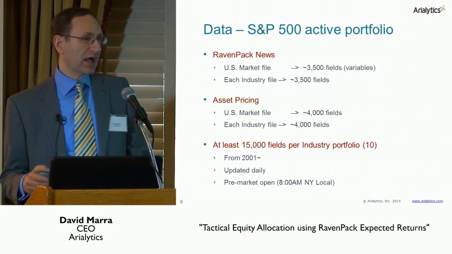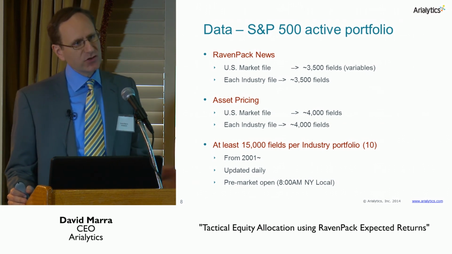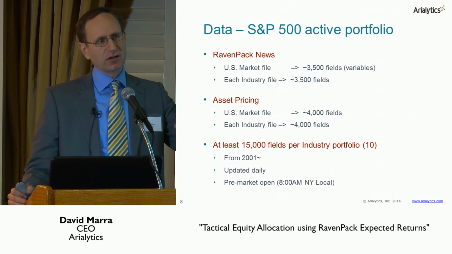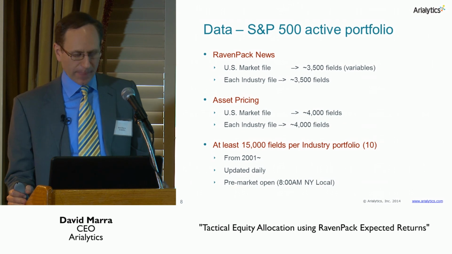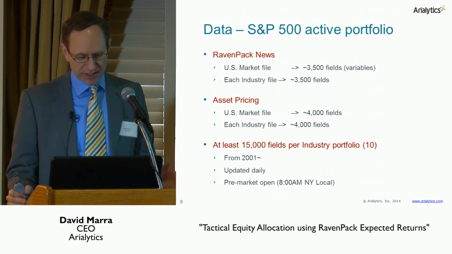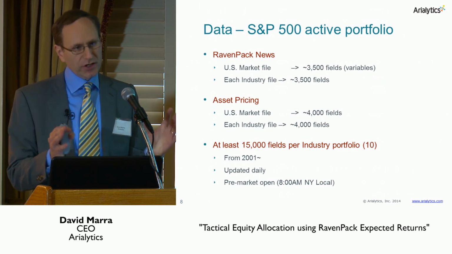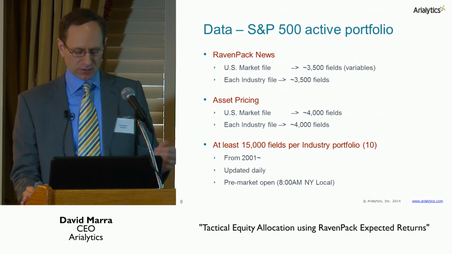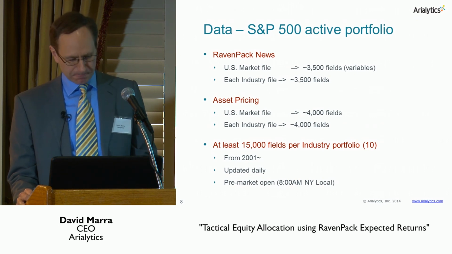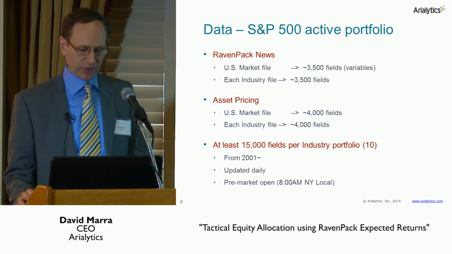So in terms of data size, this is what we're dealing with for this work. For the RavenPack news files, we had a US market file, which had about 3,500 variables. Then we had each of the 10 industry files, each of which also had about 3,500 variables. And then Arialytics produced a corresponding market file with about 4,000 variables in it, and then an industry file for each of the 10 industries with about 4,000 variables in it.